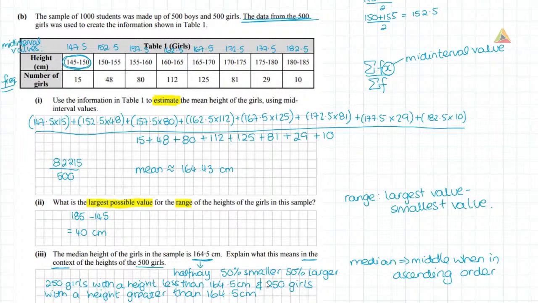And where's the 250 coming from? It's coming from the fact that we have 50% of the 500 students, and this is going to be our halfway mark. So 250 girls have a height of 164.5 centimetres or less, and 250 girls have a height of 164.5 centimetres or more. That is our halfway mark, and 50% of the students are below that and 50% are above that.